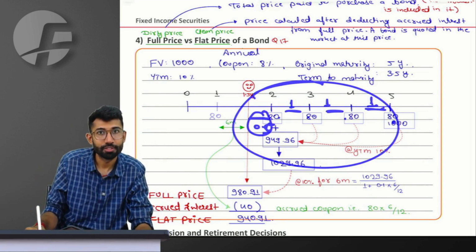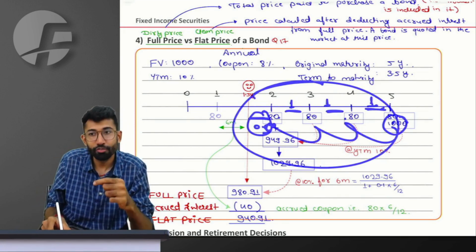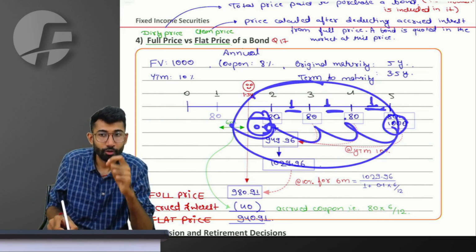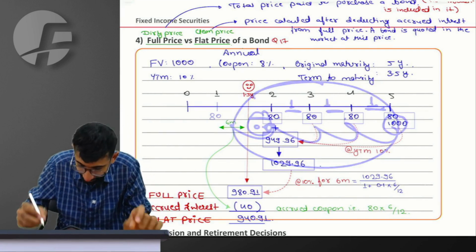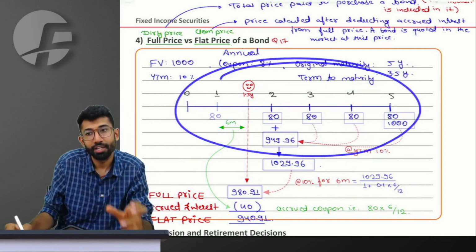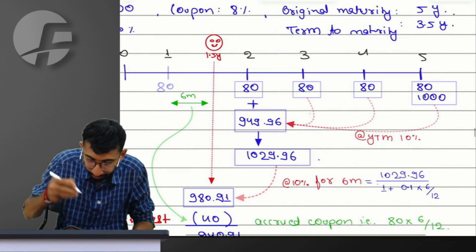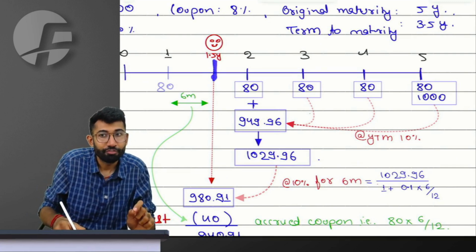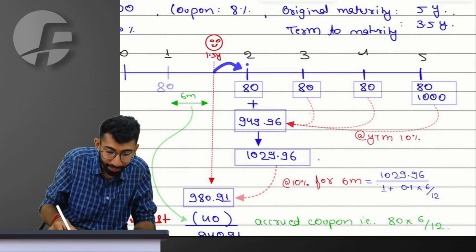Similarly for this 1000 rupees, I can discount it for 3 years, but after 3 it will be 4, it cannot be 3.5. Are you understanding? Hence we have to do the discounting now in parts, which is again very easy. Rather than standing at the end of 1.5 years, let me figure out what is the next coupon date.